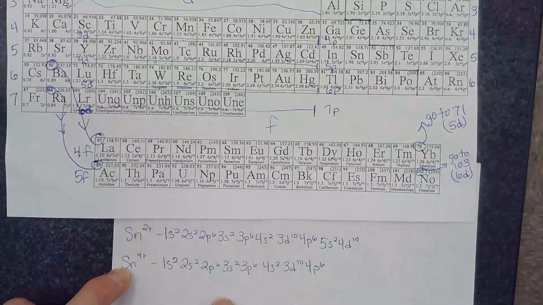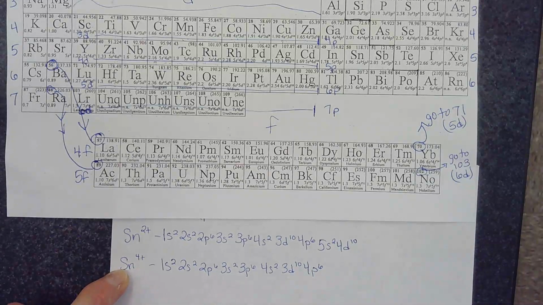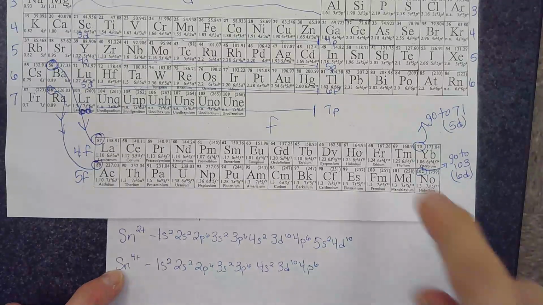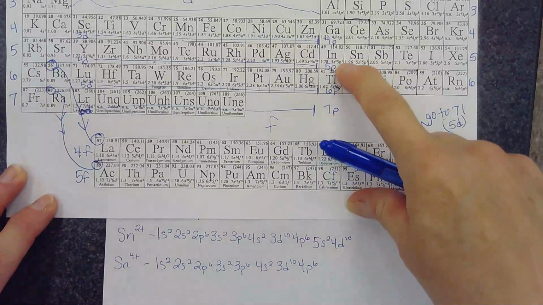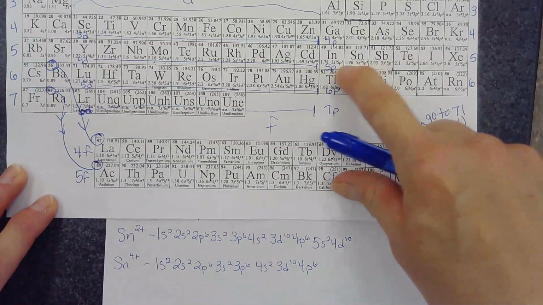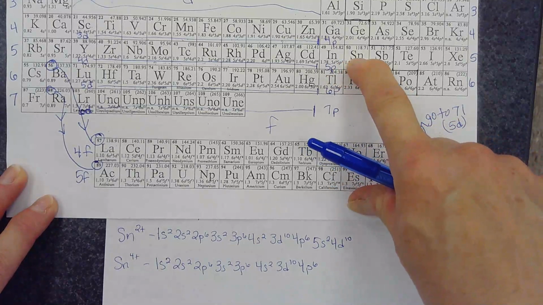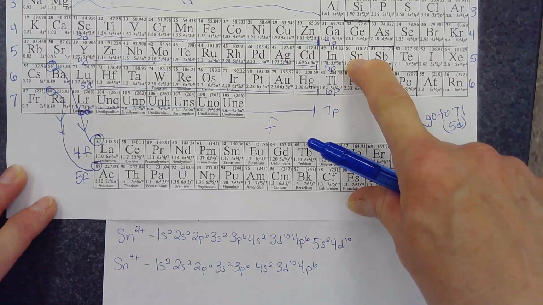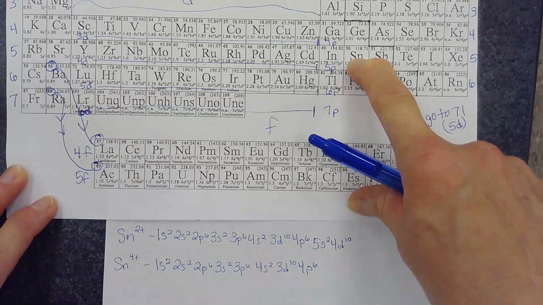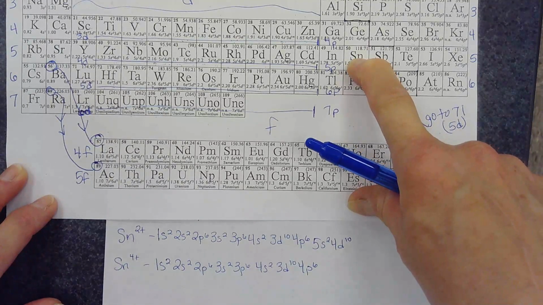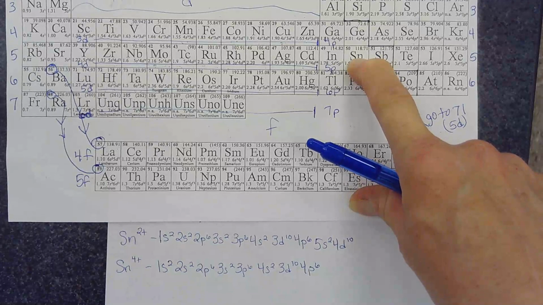Now, how did we make tin 4 plus? We had to lose 4, right? Which 4 do we lose? We first lose these two because where are they? Unfilled outer energy level, yes. Now where are we going to lose the other 2 from? Pay attention. Do you take your jacket off first or your shirt? You take your shirt off first. Come on. What do you take off first? Outer energy level first. You're going to take your shirt off?